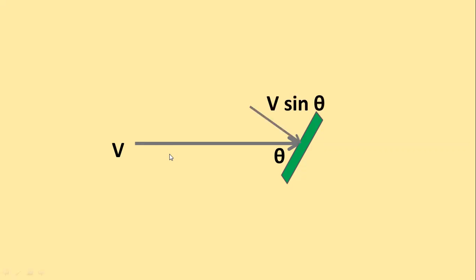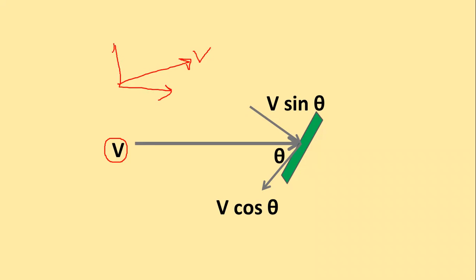Now if we consider this velocity v as the velocity of the jet, then as it is a vector quantity, we have to find out its two components. So as v is a vector quantity, we find out its two components.